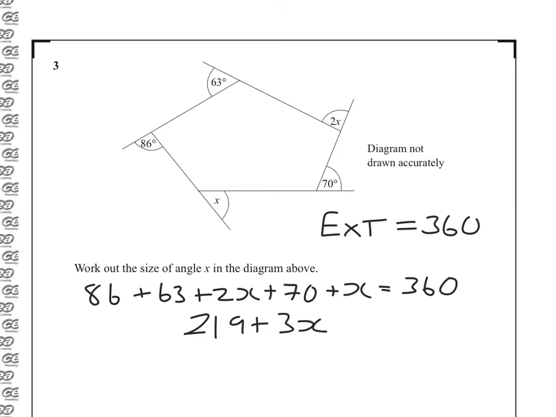We have 3x, and that is 360. So 3x is 141, and x then is 141 divided by 3, which is 47.